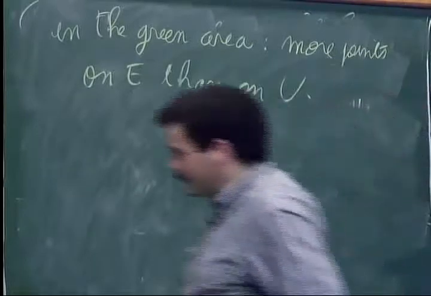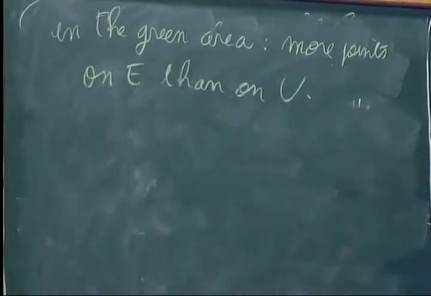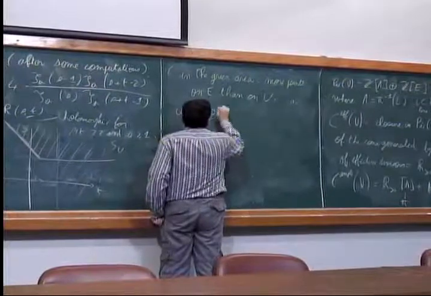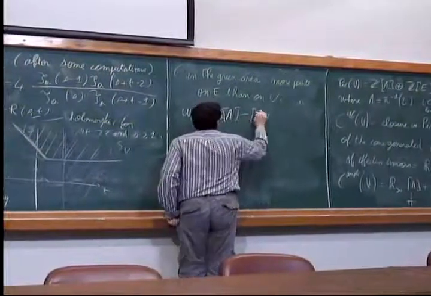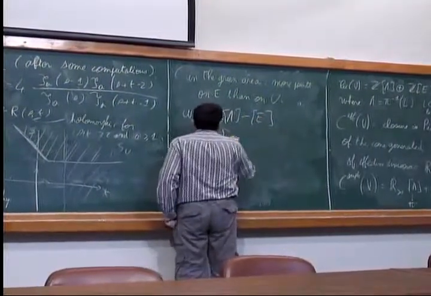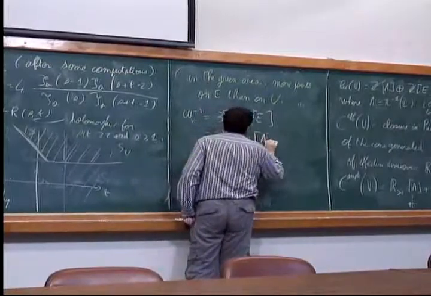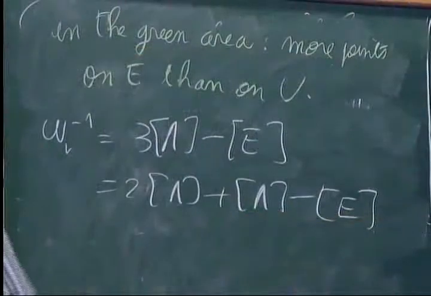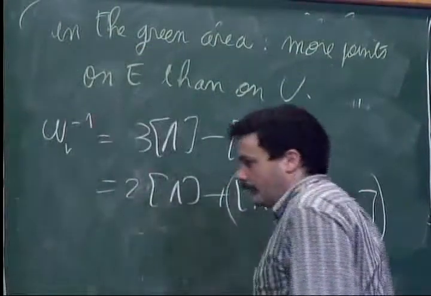So let me switch back to white chalk. And in particular, where is omega V minus 1? It is equal to 3 lambda minus E, that is 2 times lambda plus lambda minus E. So where is it on my picture?